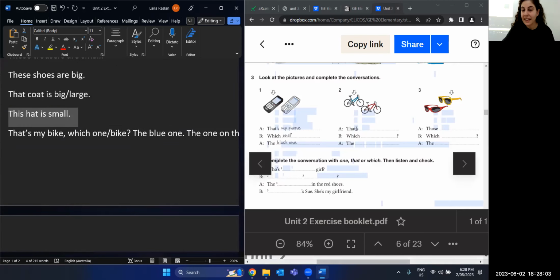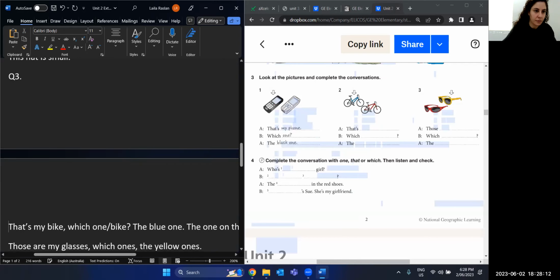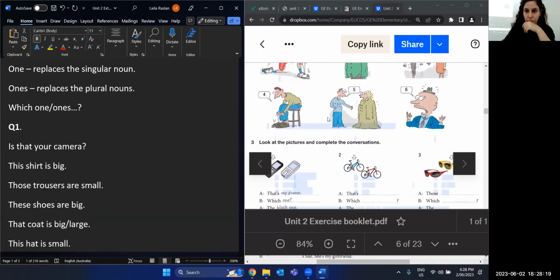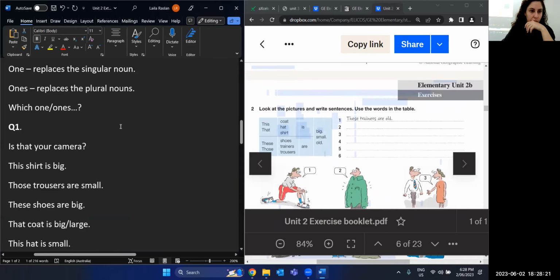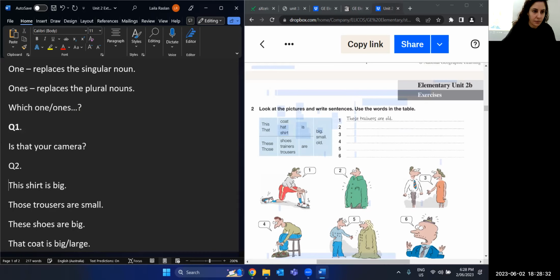Yep. That's number 2. That's my bicycle.